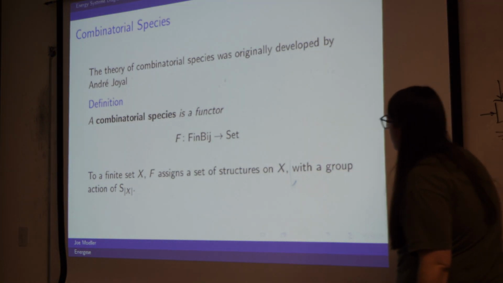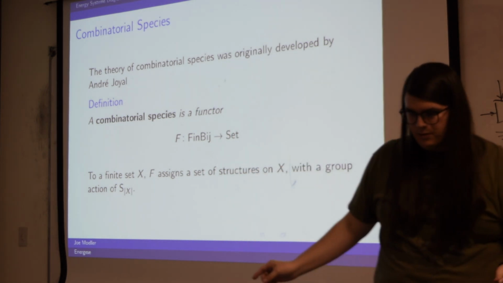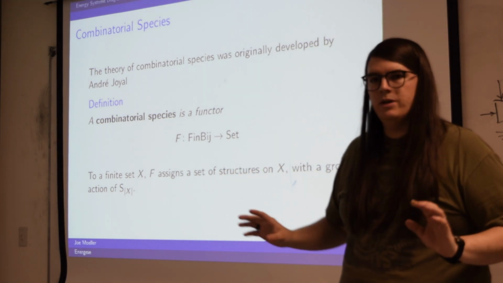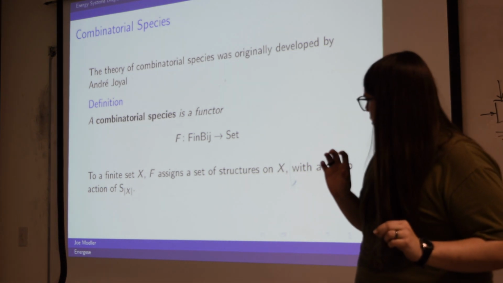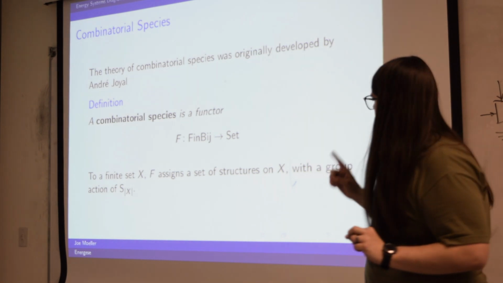And then you have a functor from that into Set, so you have a family of sets indexed by natural numbers, or indexed by finite sets, coming along with an action of the corresponding symmetric group.